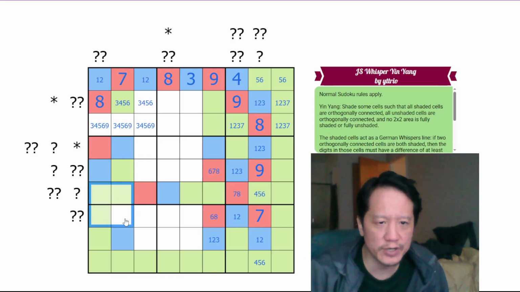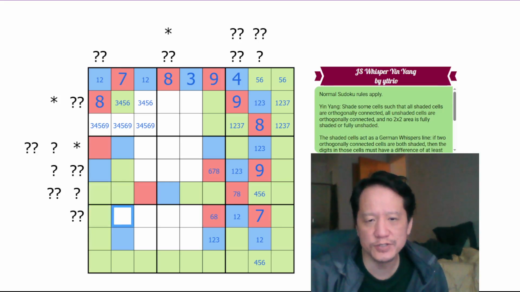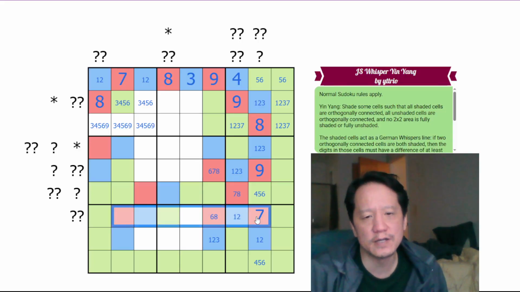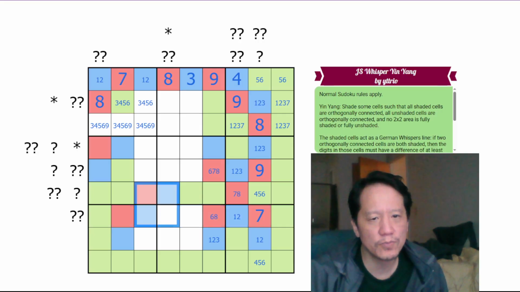We'd have a 2x2 area that is all unshaded. That is 3 unshaded, so this would have to be shaded. Therefore, this would be red, blue, red, blue. This would then have to be green. And then that would fail because we don't have one continuous space adding up to a 2-digit sum. So this cannot be shaded either.